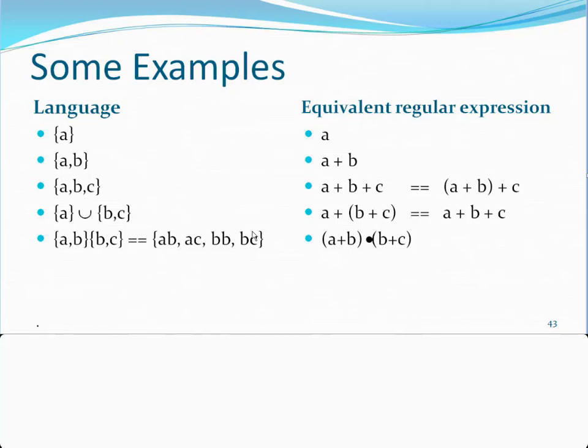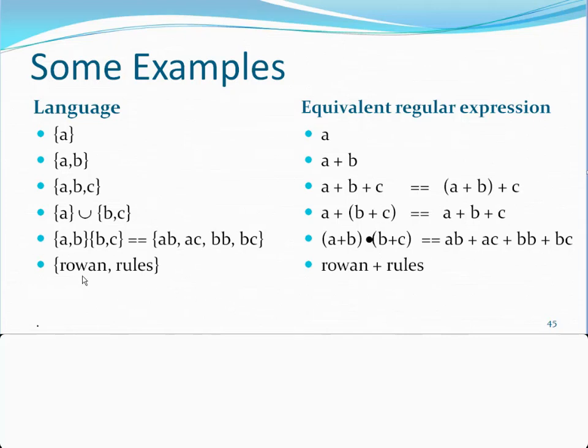And of course, since this set is the same as this set, it's just written in a slightly different way. We have another different way to write this: A plus B starred with B plus C, which is just, we can write AB plus AC plus BB plus BC, because this regular expression represents this set here.